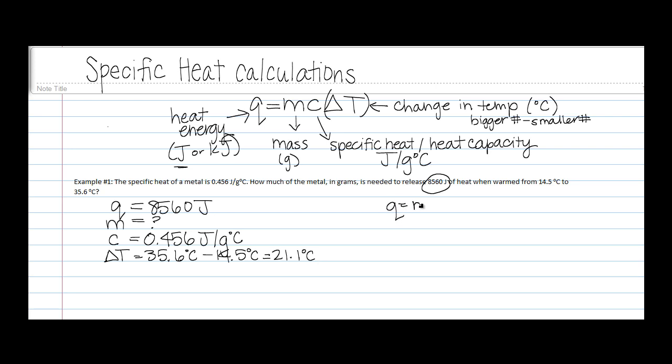Okay, so my formula is Q equals MC delta T. And I'm not solving for Q, which is what I have isolated, so I want to rearrange my formula. What I'm solving for is M. I need to get M by itself. So that means I'm going to divide both sides by C delta T to isolate that variable.